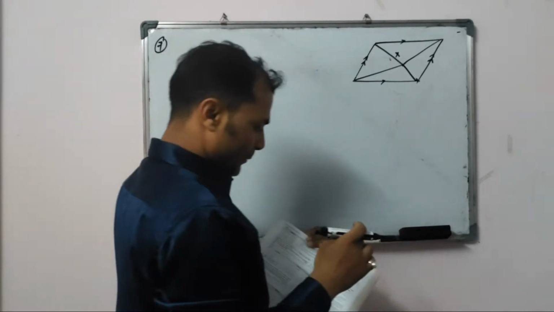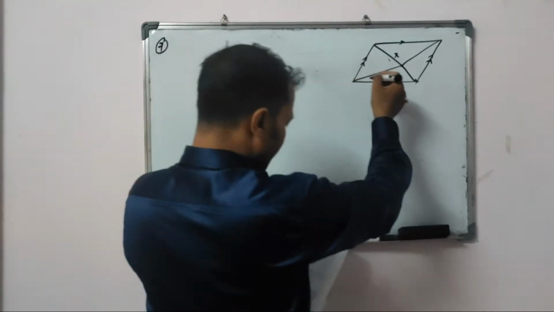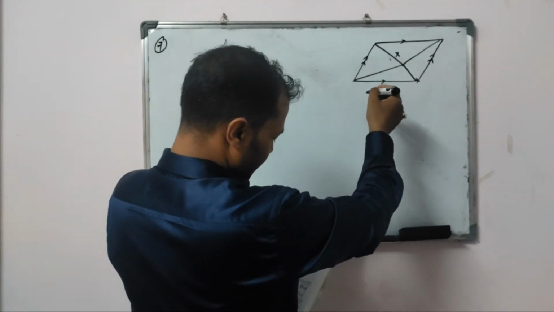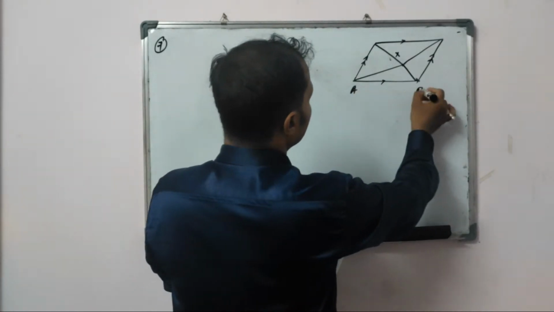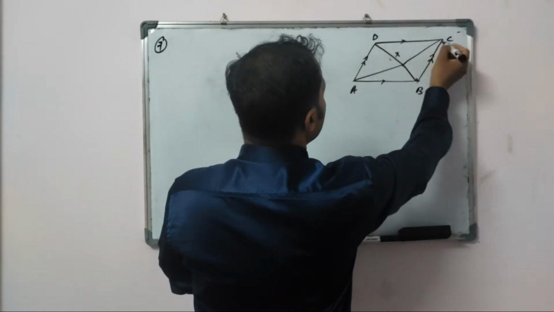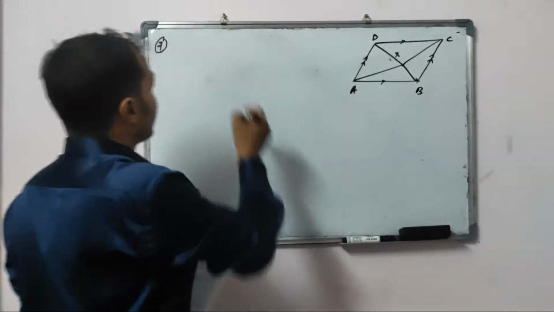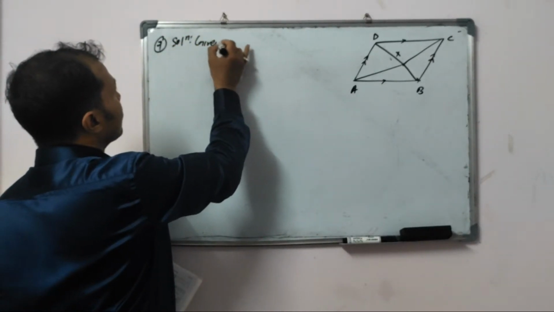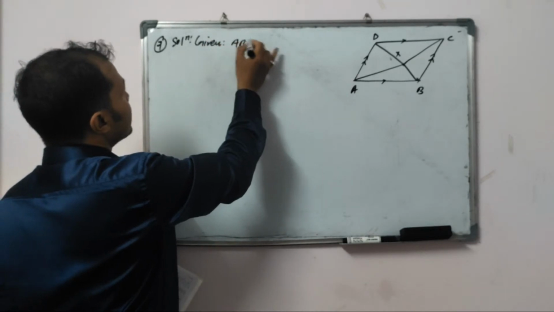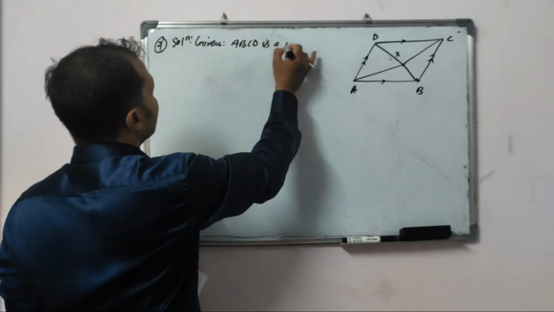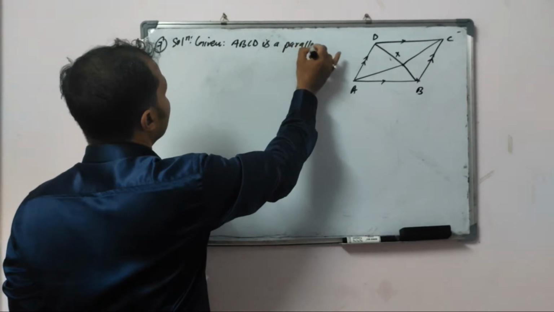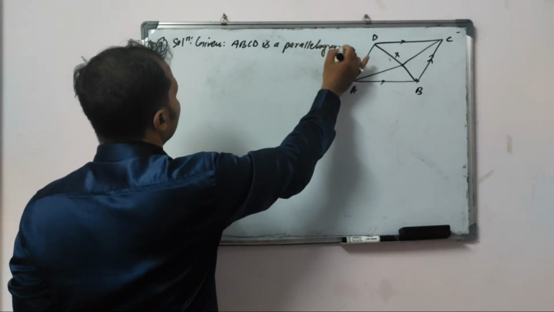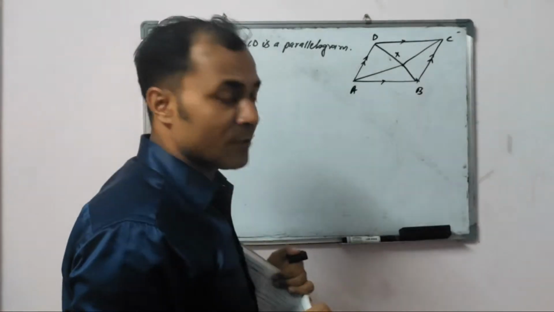Now you have to prove that. Let's name it first: ABCD. So this is a parallelogram. What is given? ABCD is a parallelogram, and X is any random point.